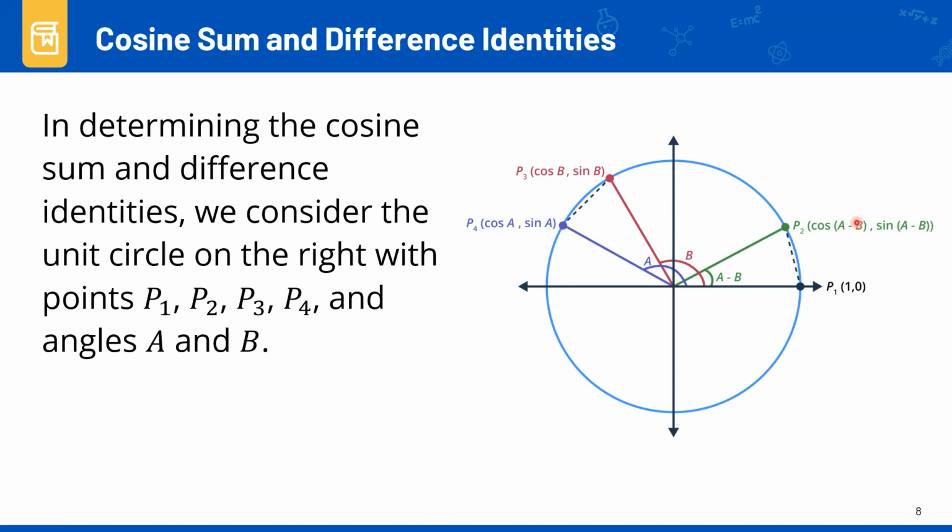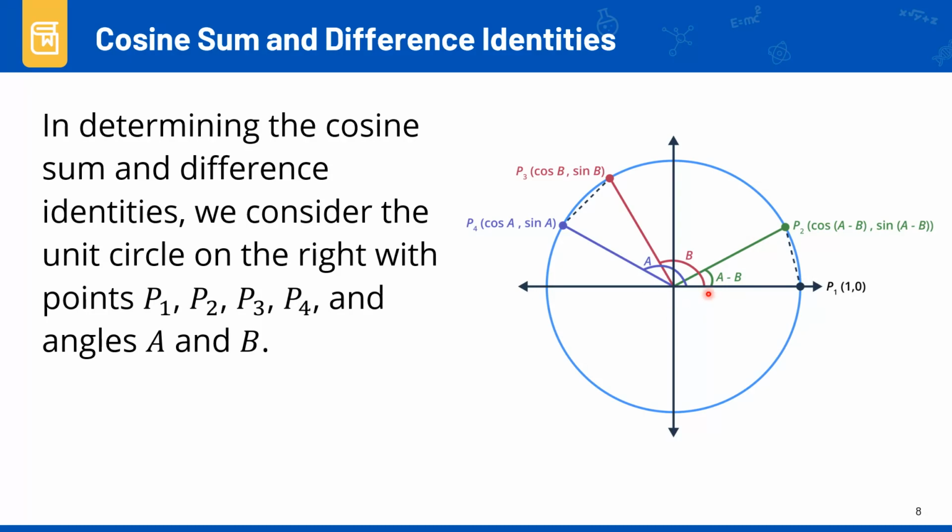As we can see here, the angle for the cosine and the angle for the sine are in the form of a difference: angle A minus angle B. Now take note that these terminal sides of the different angles are on the unit circle, and the radii are all equal.